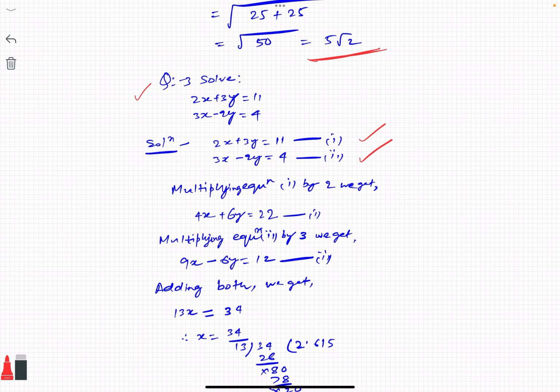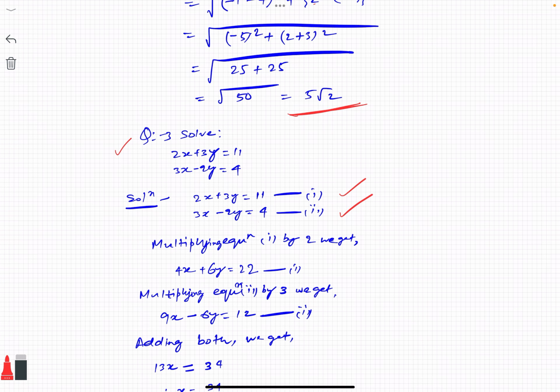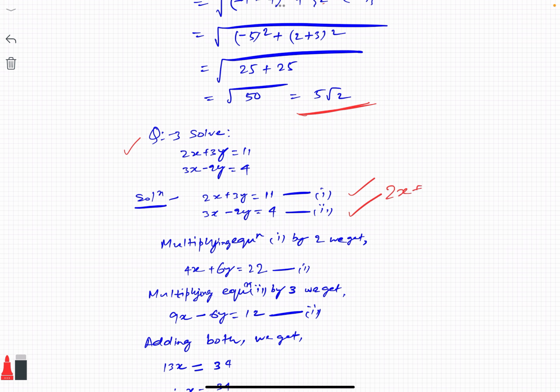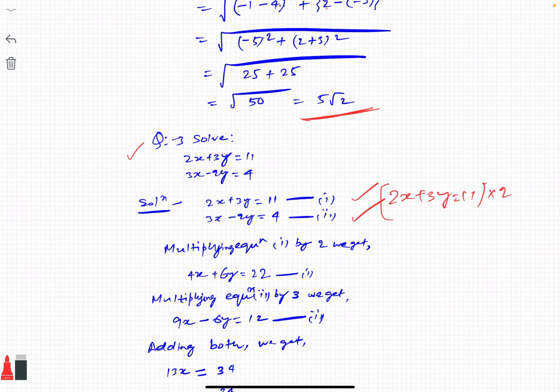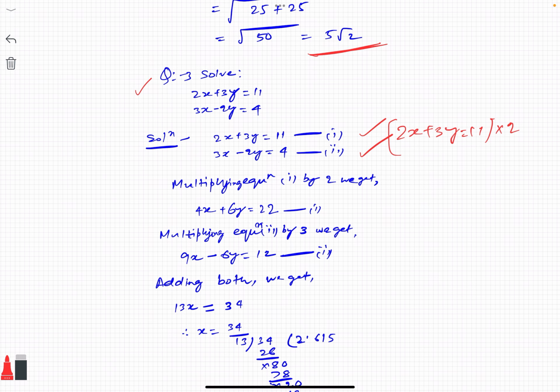Here 2x plus 3y is equal to 11 will be multiplied by 2, and 3x minus 2y is equal to 4 is multiplied by 3. We will get 4x plus 6y is equal to 22 and 9x minus 6y is equal to 12.